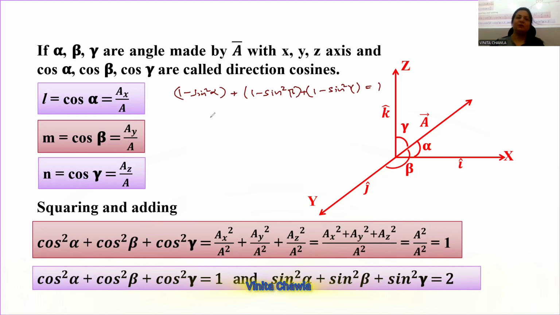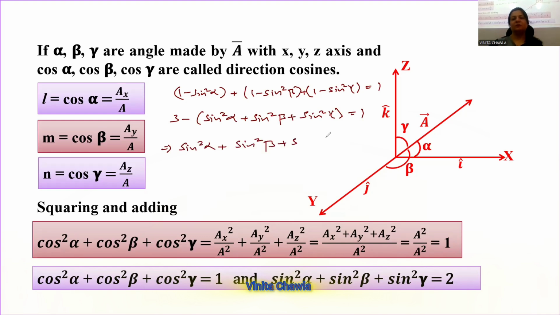So 3 minus, in the bracket we will have sin square alpha plus sin square beta plus sin square gamma is equal to 1. Okay, so we'll get sin square alpha plus sin square beta plus sin square gamma is equal to 3 minus 1. 3 minus 1 is, ठीक है, write this.